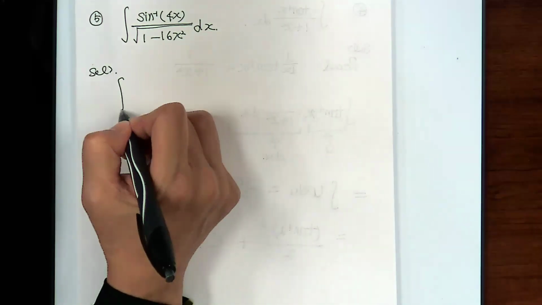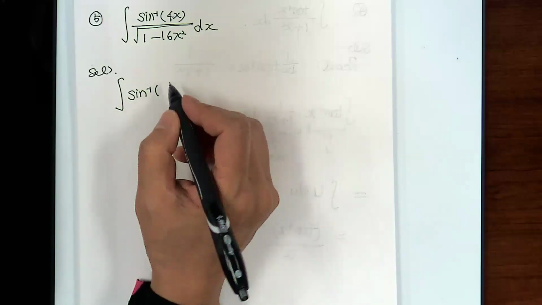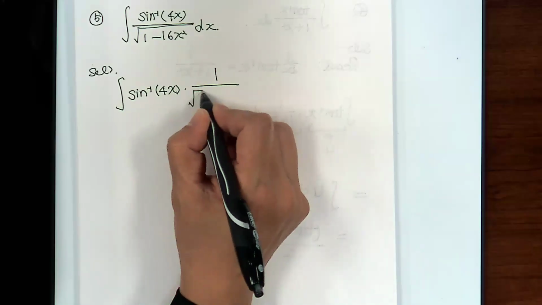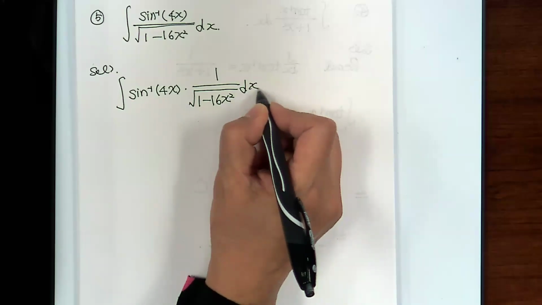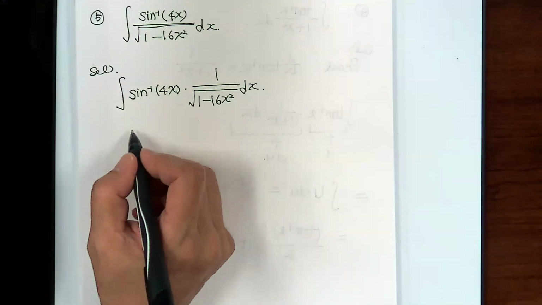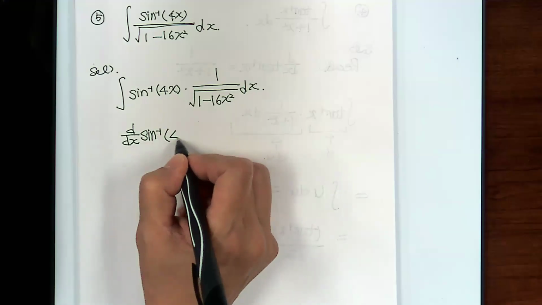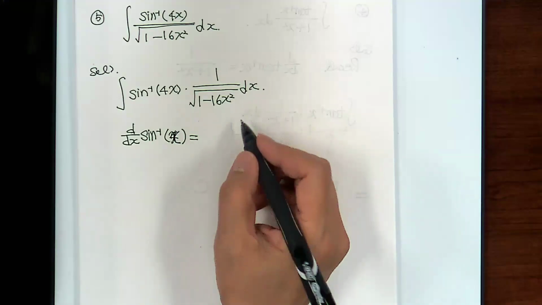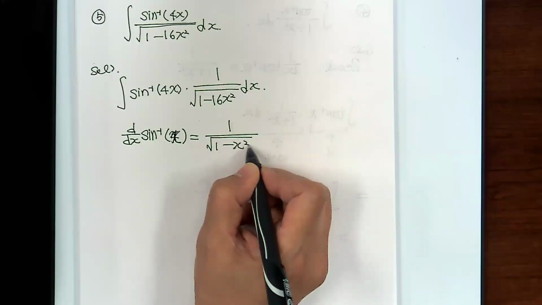We regard this one as a product function, the multiplication between inverse sine and 1 over the square root function, so 1 over square root of 1 minus 16x squared dx. When we differentiate the inverse sine function, that is 1 over square root of 1 minus x squared.